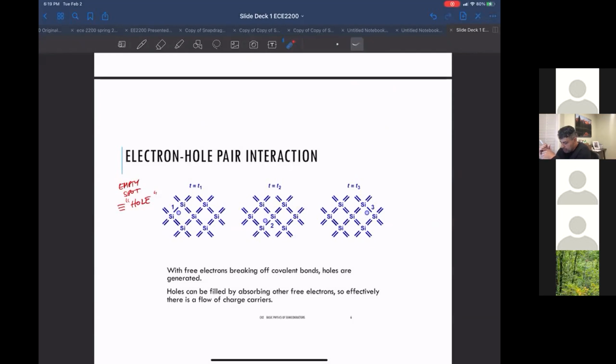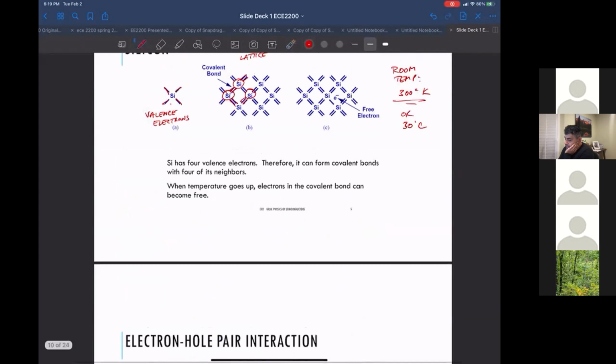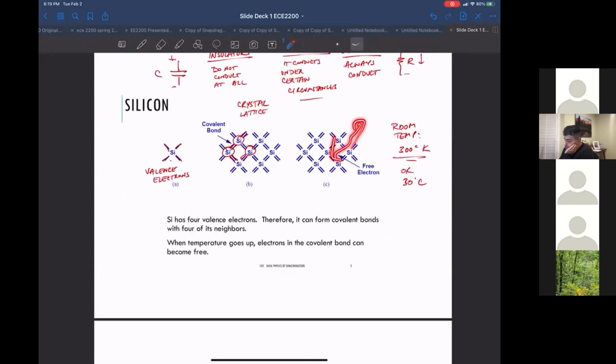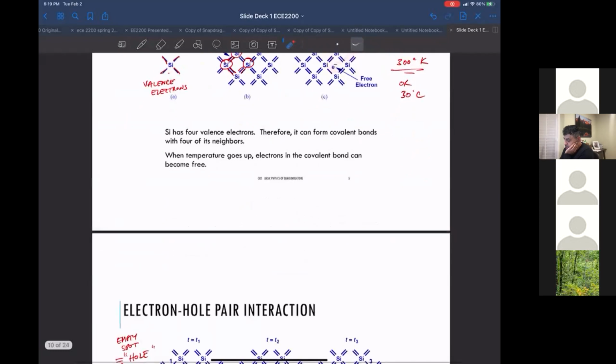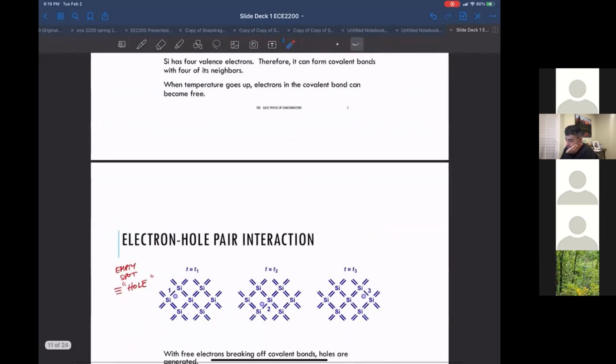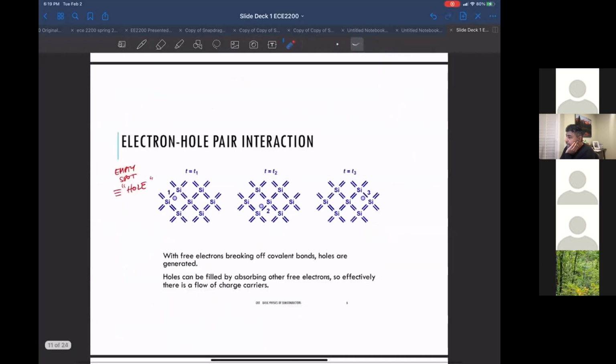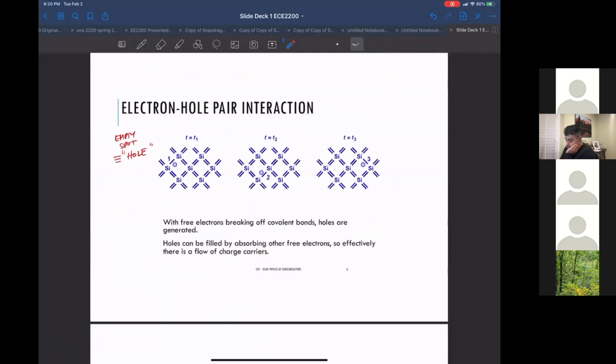The upshot is that besides the electrons conducting by being free in the lattice, this hole is also conducting in the lattice, because being a lack of an electron, it has the same charge as a positive electron.